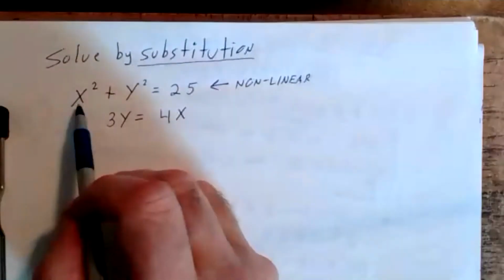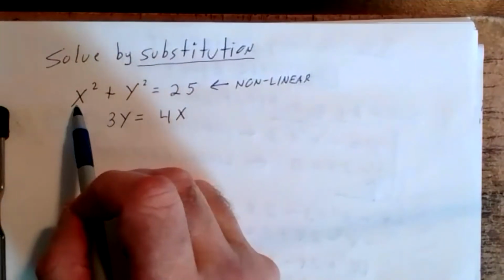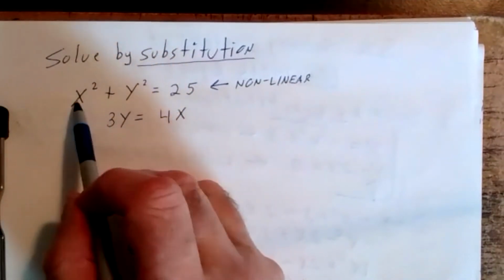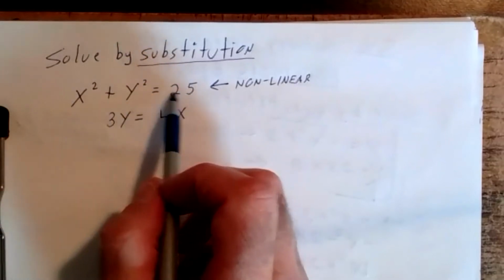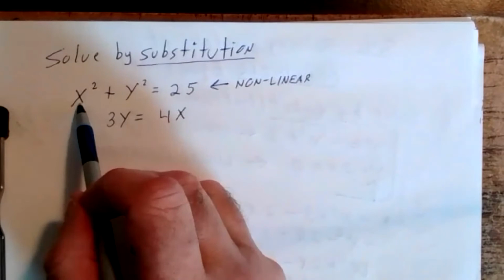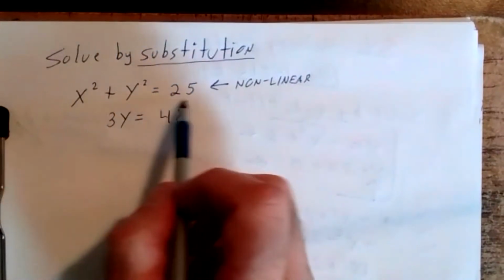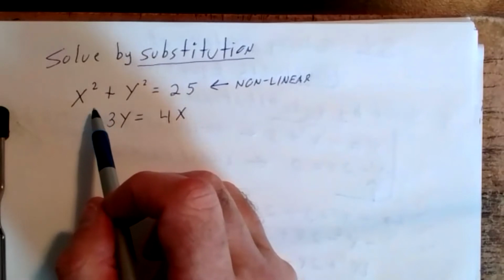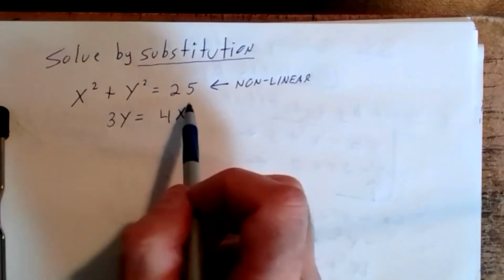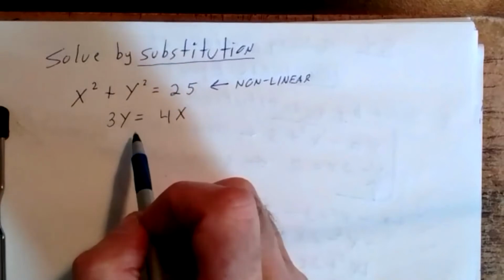Does anybody want to take a wild guess as to what type of graph this equation would generate? Just curious. What kind of graph would we get if we graph this in the XY plane? Don't feel bad if you don't know it. I'm just throwing that out there. If anybody does know it, anybody know?